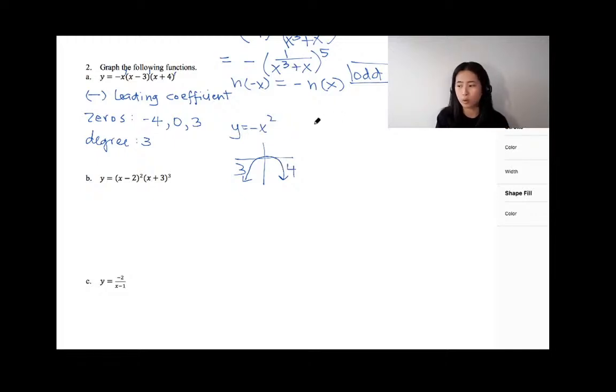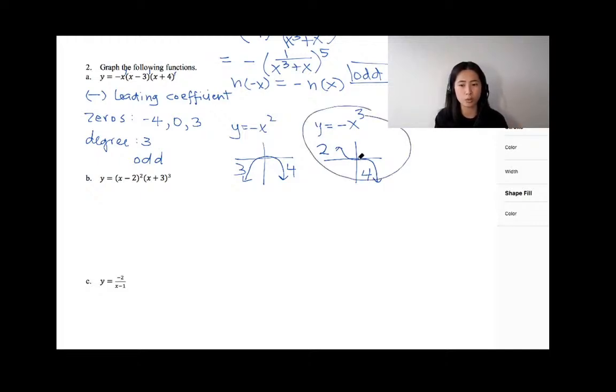However, if you're looking at y is equal to negative x cubed, you know that it's not at quadrant 3 and quadrant 4 because it's actually at quadrant 2 and quadrant 4. Does that make sense? So when you draw this graph, you know that if it's degree 3, therefore it's an odd function, and if it's an odd function, you're supposed to expect that this is how your graph is sort of going to look.